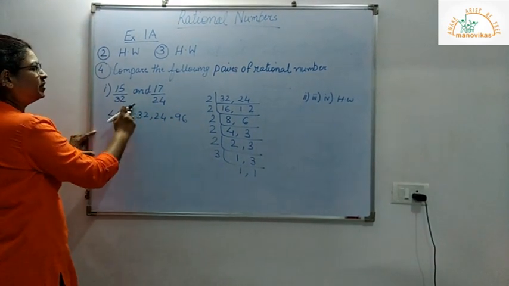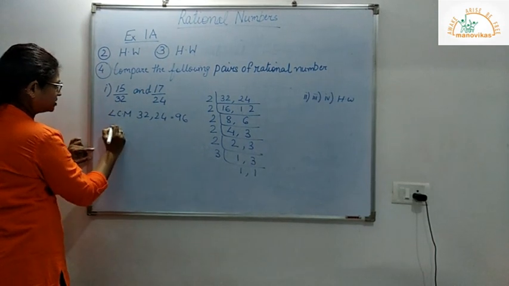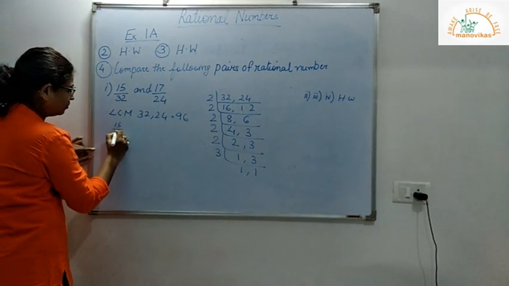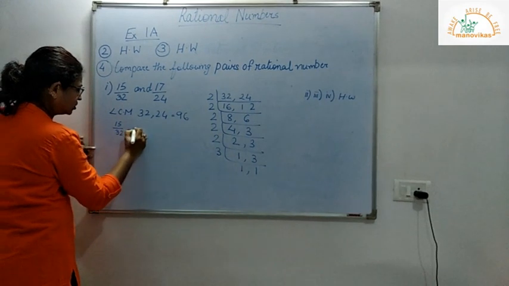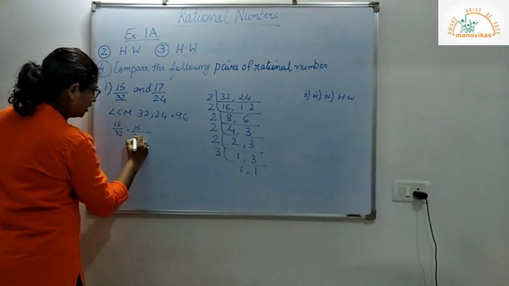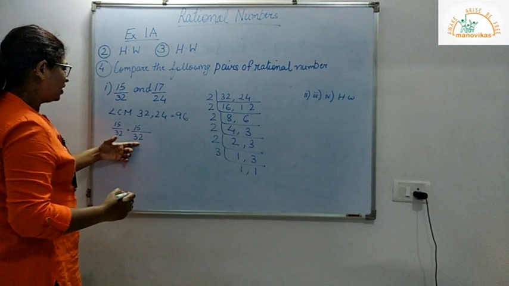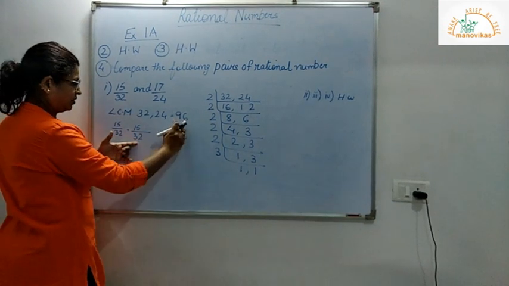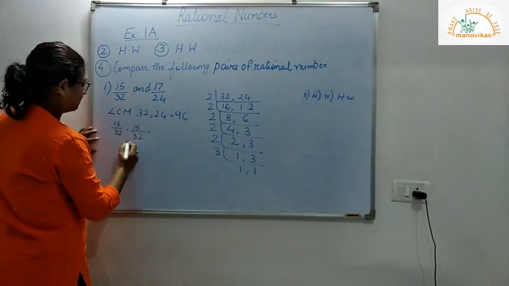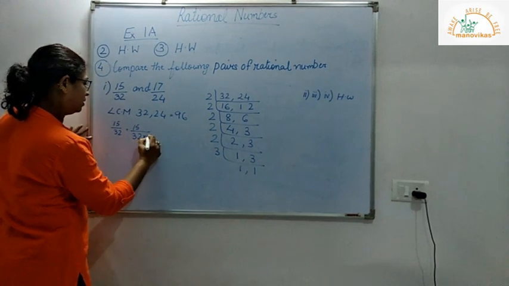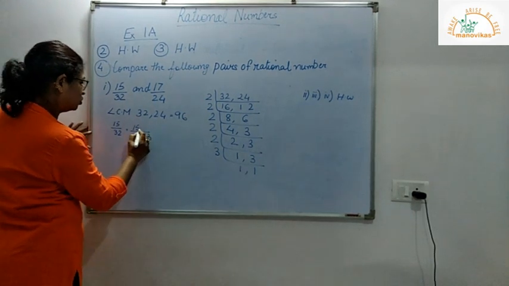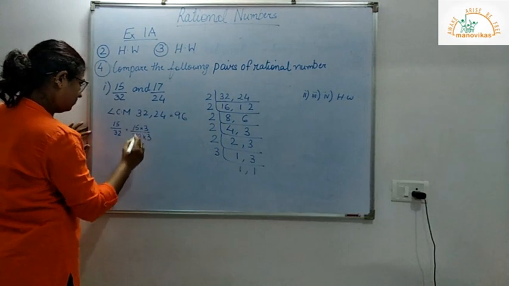Now we make the denominators equal. I take the first number, 15 divided by 32. We have to make this denominator 96, so we multiply it with 3. Here also we multiply with 3.